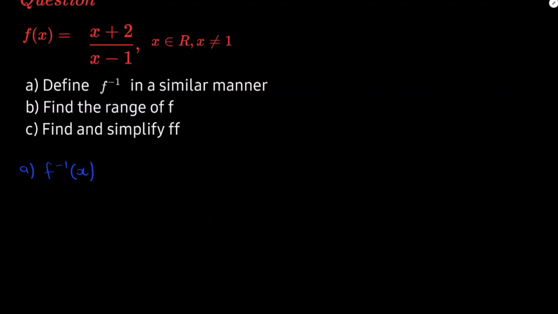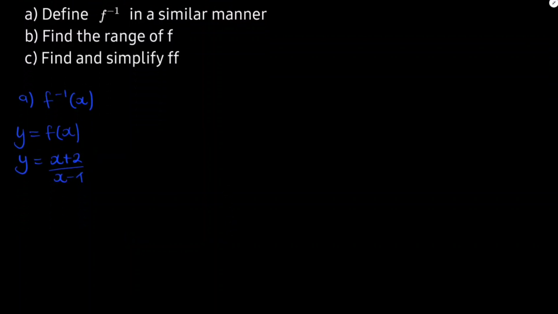To find f inverse of x, you need to let y be equal to f of x, and from there solve for x in terms of y. So we have y equal to x plus 2 on x minus 1. Here, let's cross multiply.